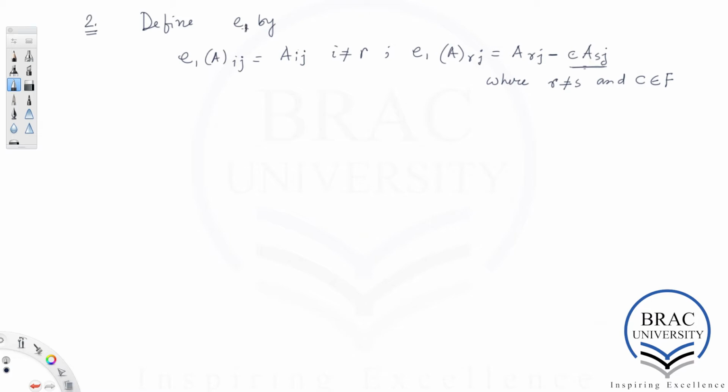Okay, let us recall that for the second type, the original elementary row operation E was defined as follows.